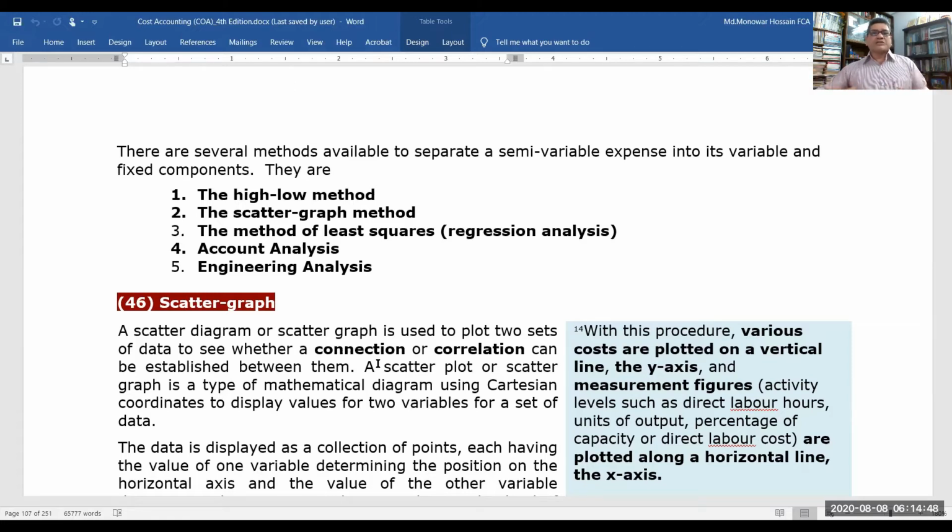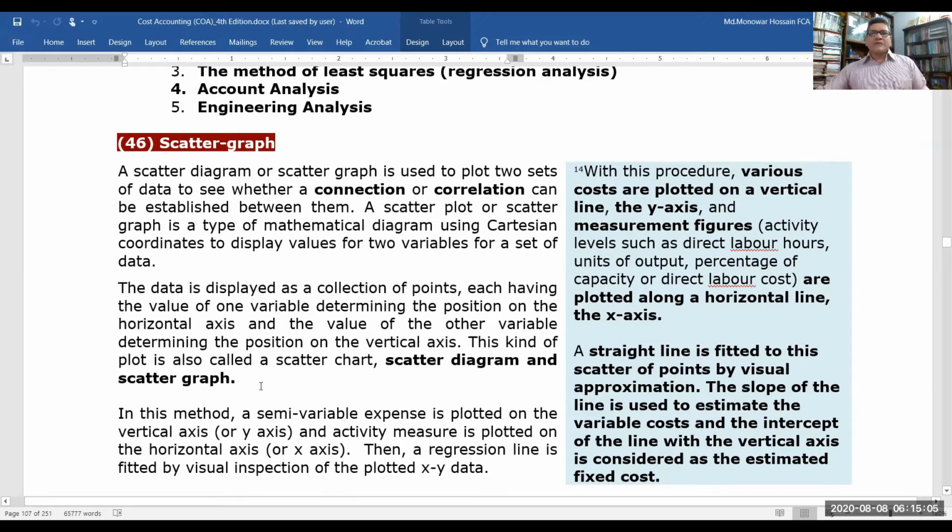They are the high-low method, the scatter graph method, the method of least squares, that is regression analysis, engineering analysis, etc. In the scatter graph, with this procedure, various costs are plotted along a vertical line, the y-axis, and the measurement figure, activity level such as direct labor, units of output, percentage of capacity, or direct labor cost, is plotted along a horizontal line, the x-axis.